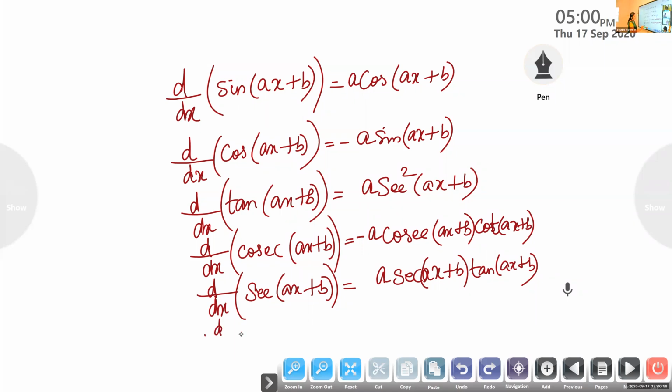Then the last one, d by dx of cot of ax plus b. Aditya, Yasra.